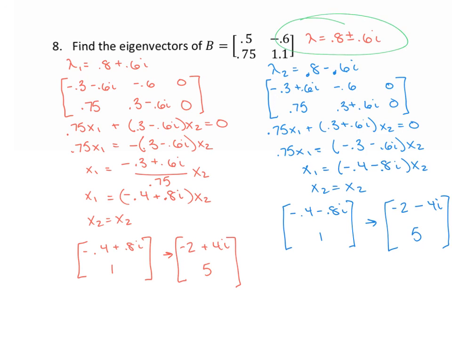You remember that word? A complex conjugate is something that looks like this, with that plus or minus in the middle. So if 2 plus i is an eigenvalue, we automatically know that 2 minus i is also an eigenvalue. They occur in complex conjugate pairs, and so do the eigenvectors.